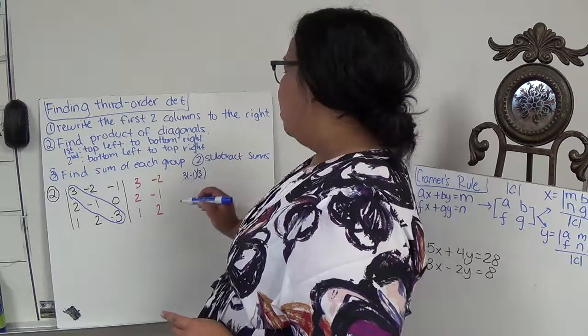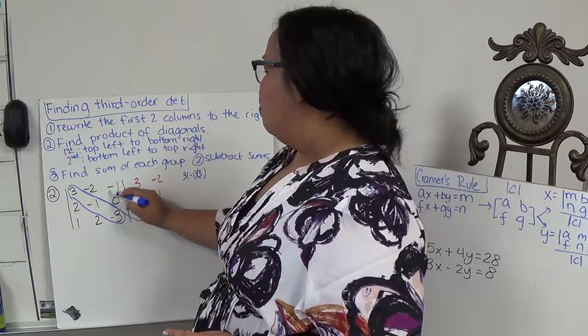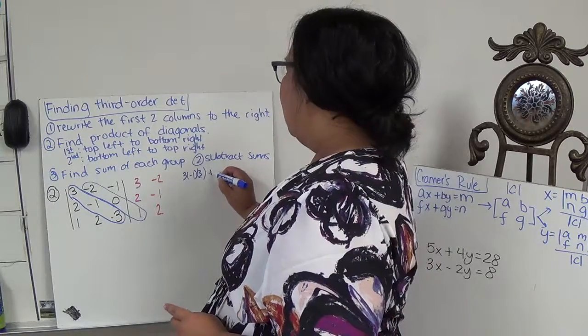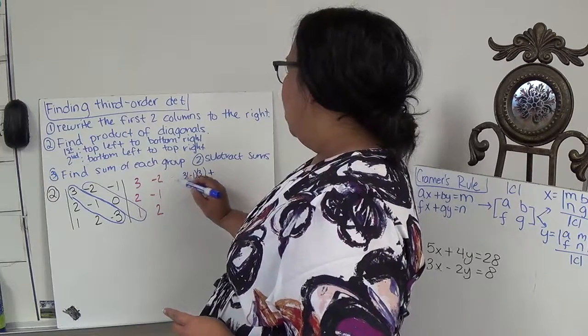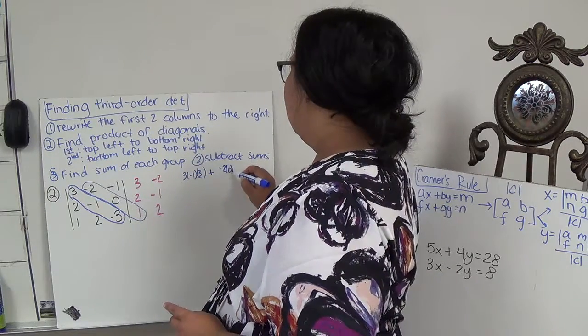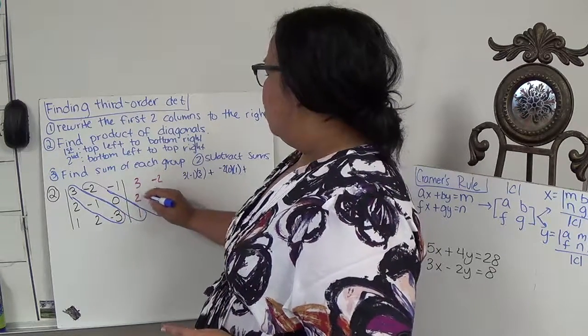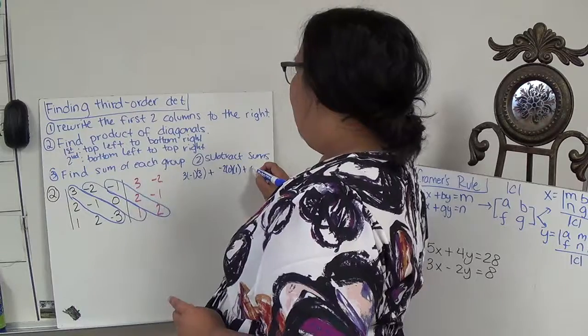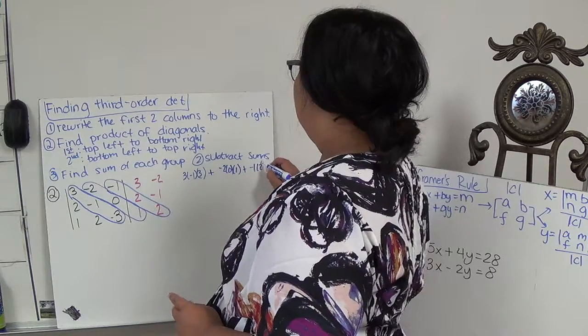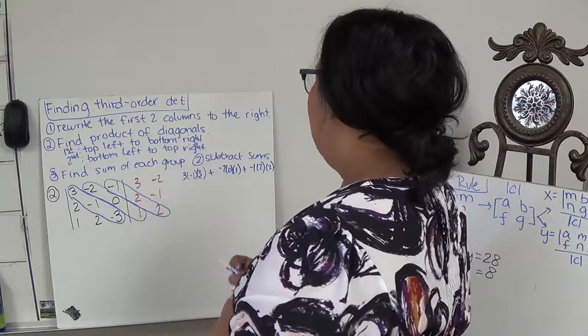I'm going to multiply these all together. Each diagonal I'm going to multiply, and add to the previous diagonal. So plus -2 times 0 times 1, plus -1 times 2 times 2.